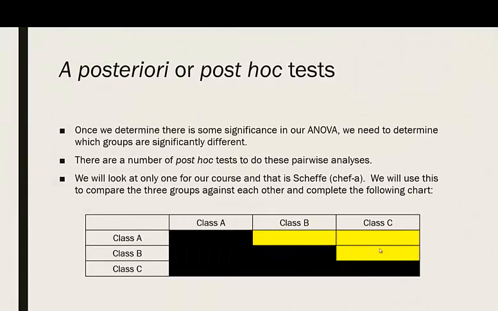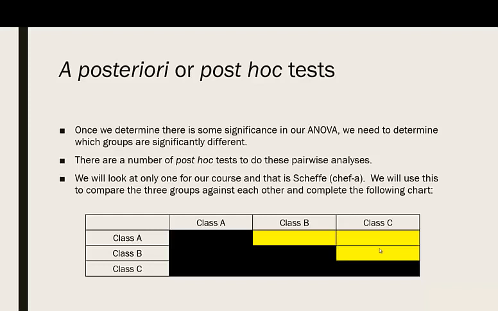So what we do now that our ANOVA has told us there's a difference is we conduct what we call a posteriori or post hoc test. And once we determine there's a significance, we need to determine where that significance lies within the groups.